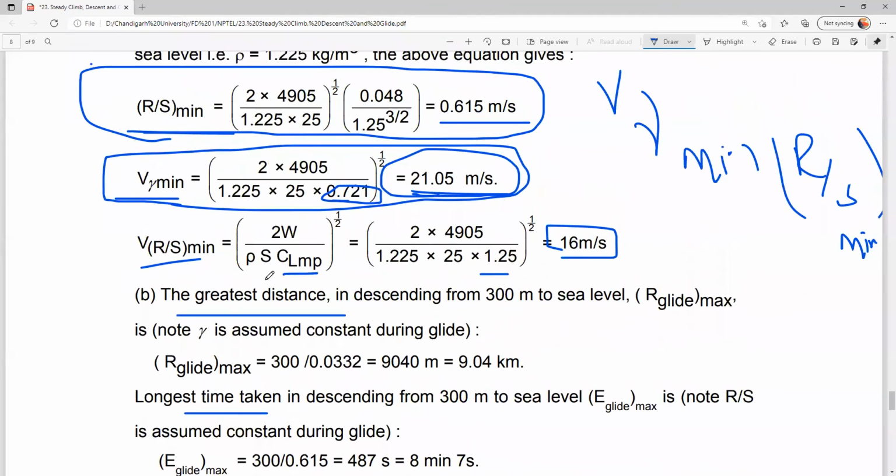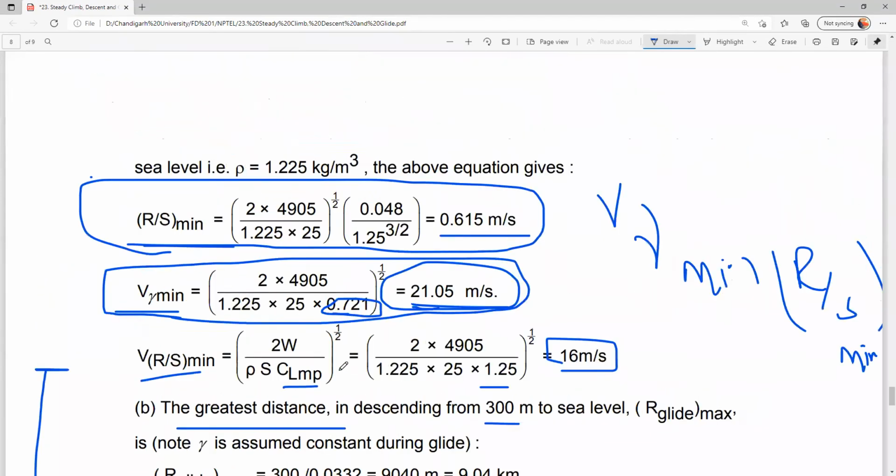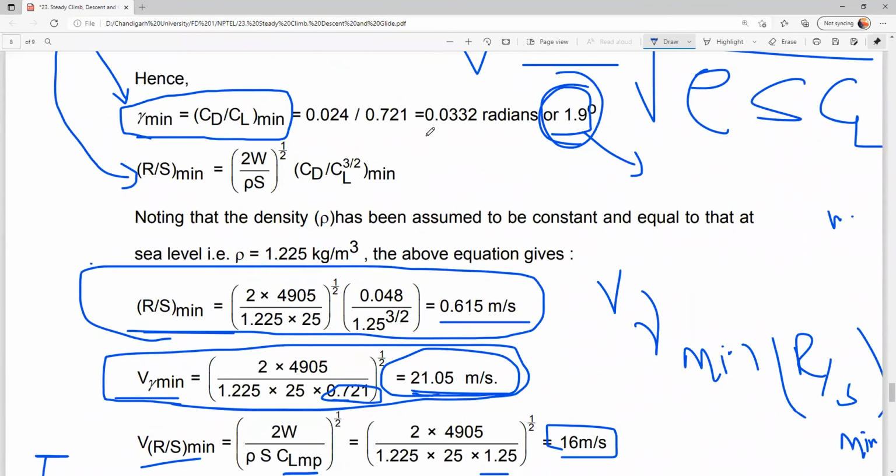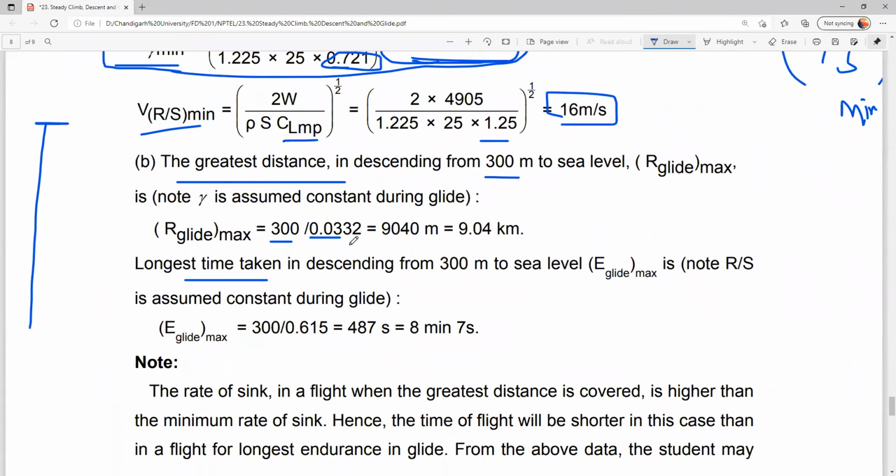Okay, greatest distance calculation when we are launching from 300 meter altitude. Let's consider I'm launching from Karad. So with the height and the angle of glide, given in radians, I can calculate the range of glide, the maximum glide.